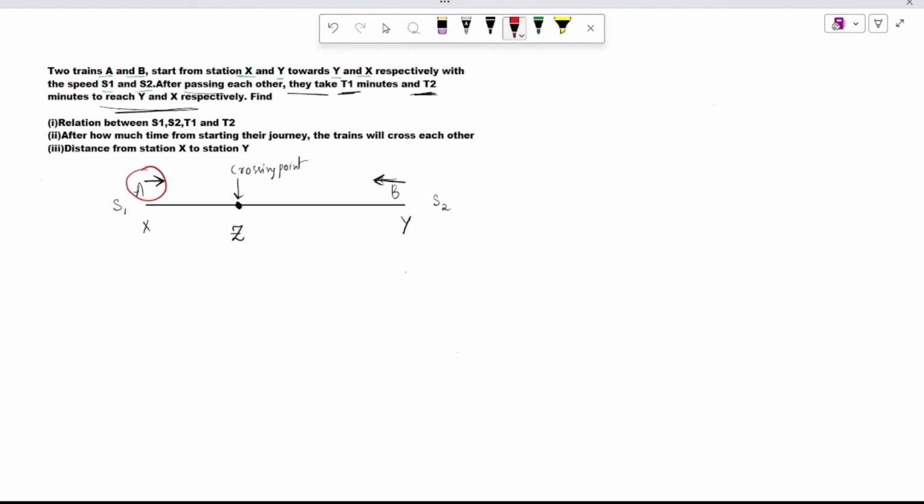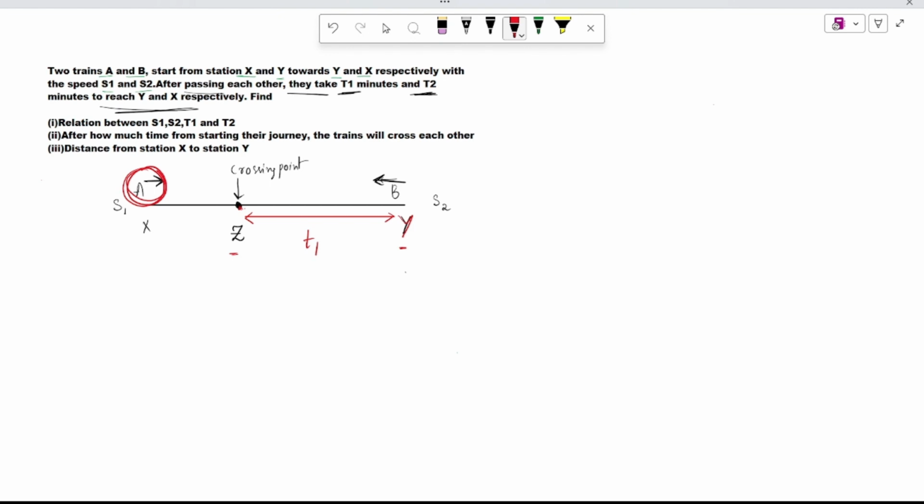Train A is traveling towards station Y, right? Means after the crossing point also, it continues to travel in this direction. So this distance from crossing point Z to the station Y is traveled by train A in T1 minutes.